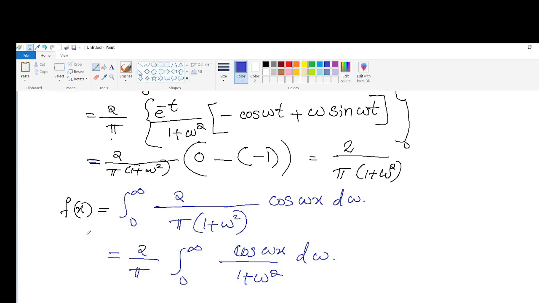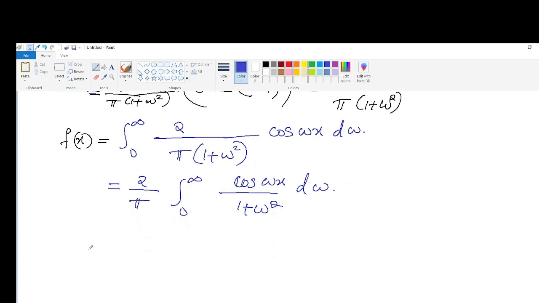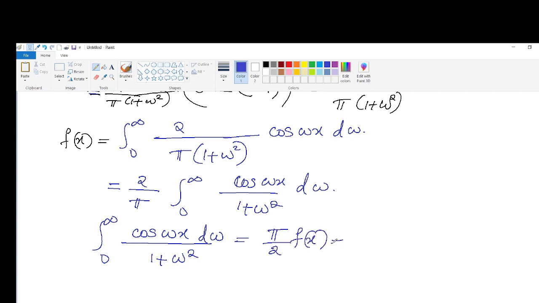Now you can take 2 by pi to the other side. So integral from 0 to infinity cos ωx divided by 1 plus ω square dω equals pi by 2 into f of x. Now substitute the value of f of x here. So pi by 2 into e raised to minus x for x greater than 0.